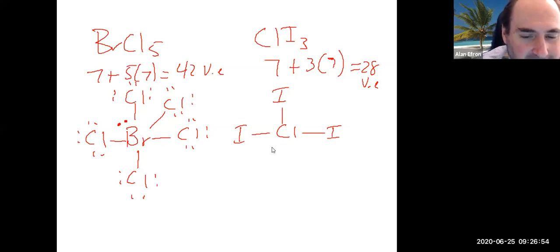Iodine here, 2, 4, 6. Then we want to go 8, 10, 12, 14, 16, 18, 20, 22, 24. And at that point, that's 24. We still have 4 more to go, which would be 26 and 28. And just to make it a little bit better and more correct, we'll go with F, because F is more electronegative.